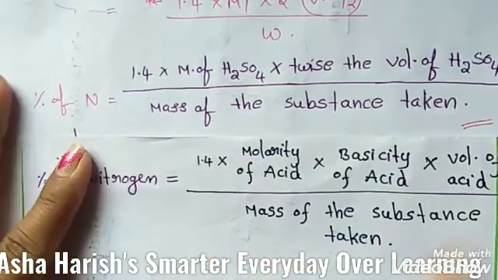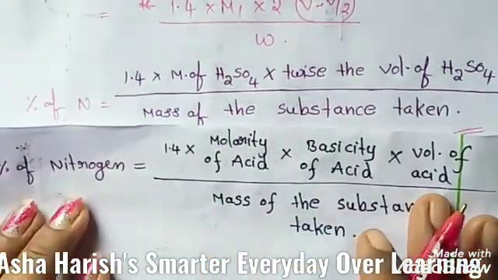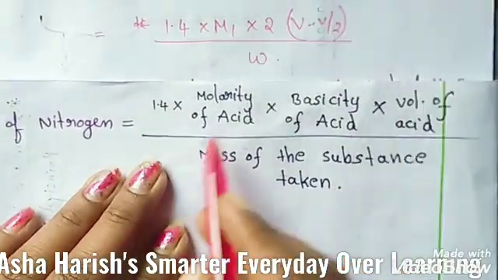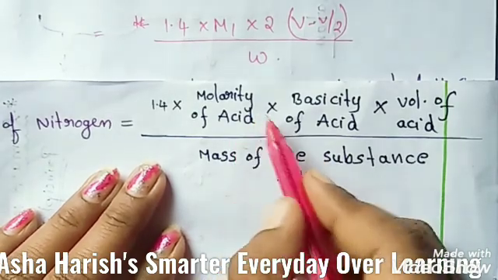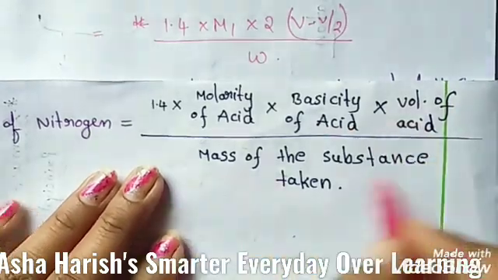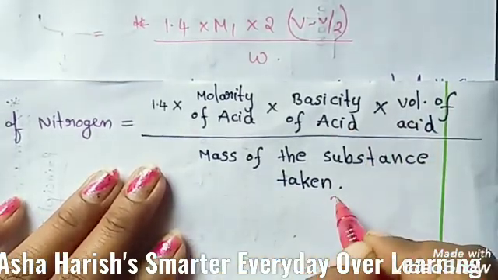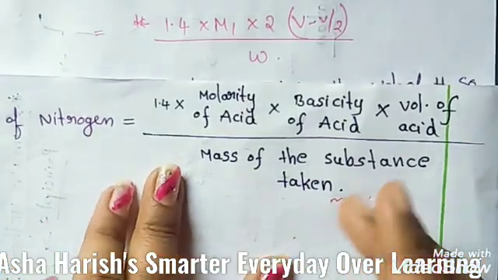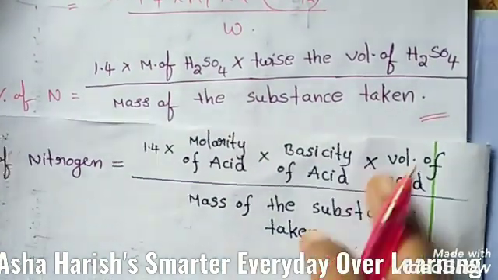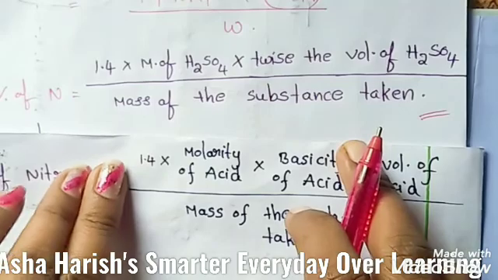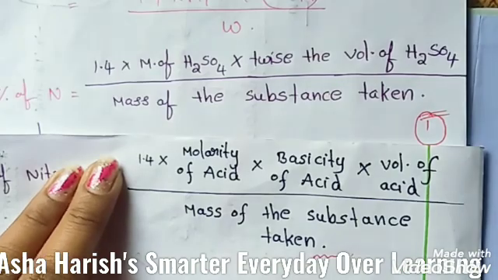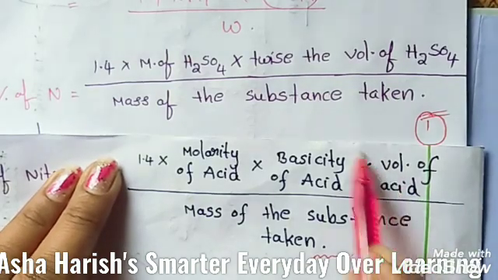And in general we can say that the formula is percentage of nitrogen equals 1.4 into molarity of the acid into basicity of the acid into volume of the acid by mass of the entire substance what we have taken. Okay students, and if however the acid used is monobasic acid, then the basicity should be 1. If it is monobasic in nature, the basicity is 1.